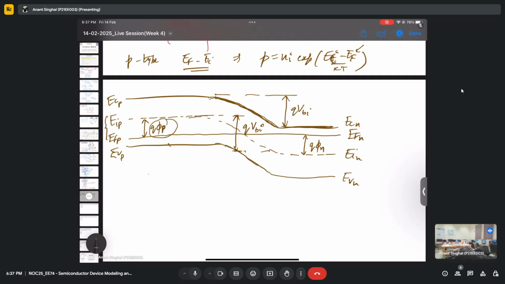So from here, can we write that Q VBI is nothing but Q phi P plus Q phi N? Any doubt? Please let me know if you have any doubts. Okay, great. So I can write that VBI is nothing but phi P plus phi N.